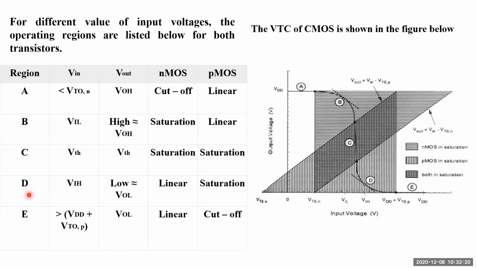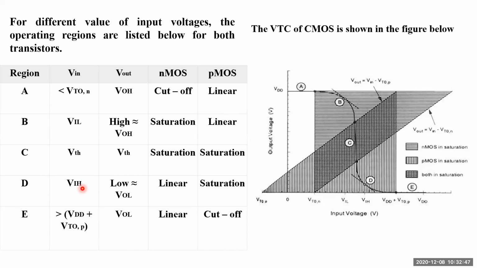Coming to the next one, region D. In region D, you are supplying a high input voltage. Whenever the input is high, the PMOS turns off and the NMOS turns on. We have seen in the previous slide that when the NMOS is turned on, whatever output is stored at the capacitor will be completely discharged to the ground.